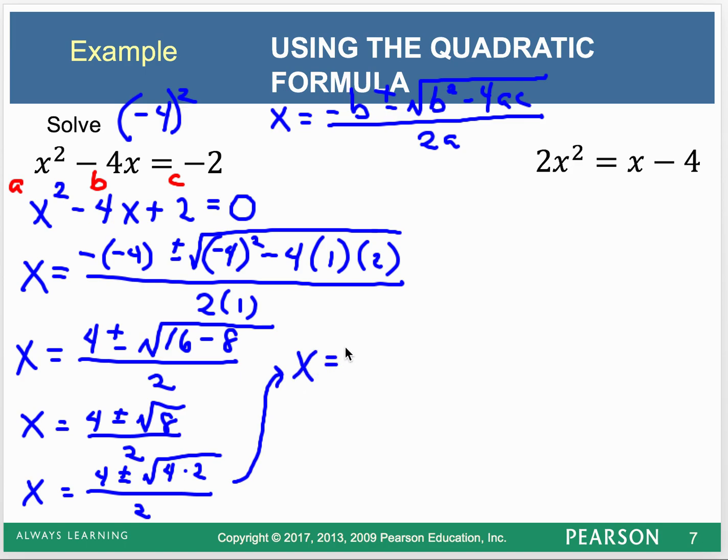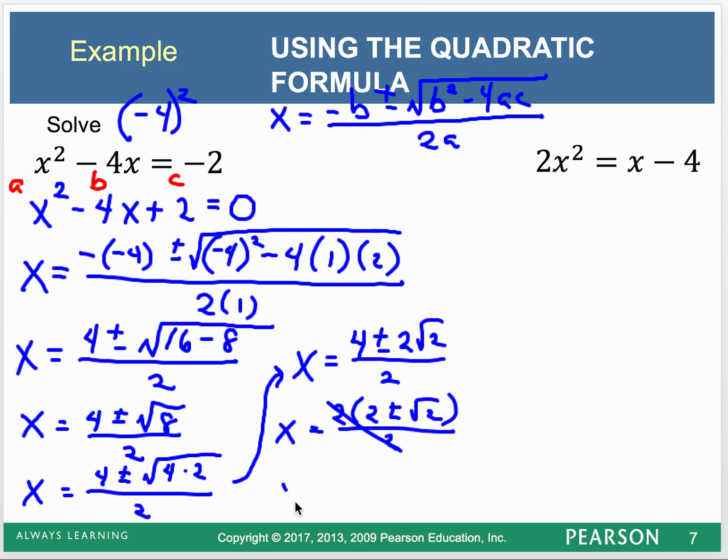So we wind up with 4 plus or minus 2 square roots of 2 all over 2. And then I can factor a 2 out of each one of these to finally get my answer.